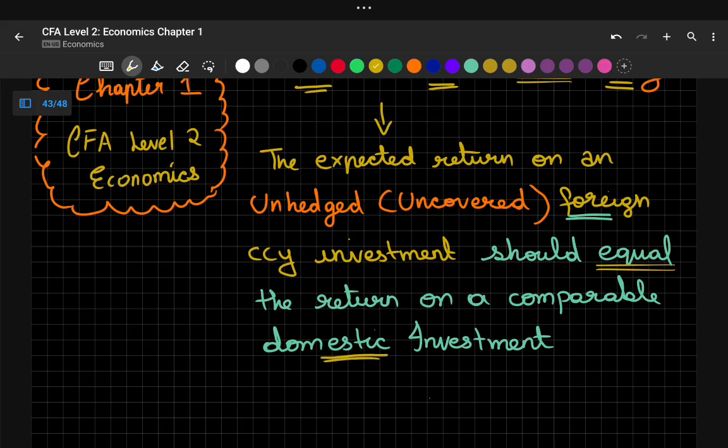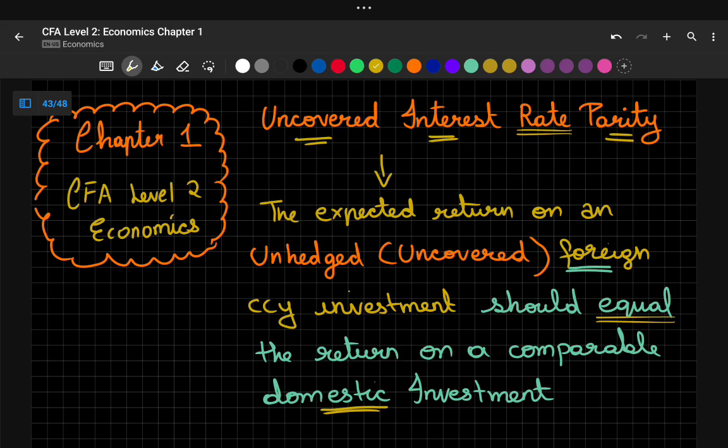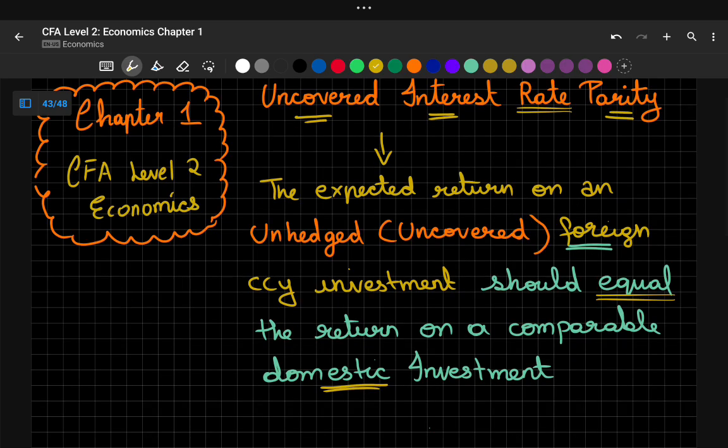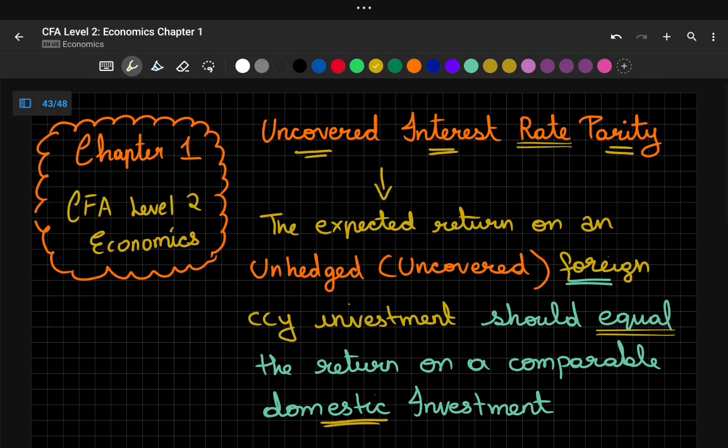It is similar to the covered interest rate parity condition we discussed in the previous video. In covered interest rate parity, the return on a foreign currency investment should be equal to the domestic currency investment return because the foreign currency investment is hedged.